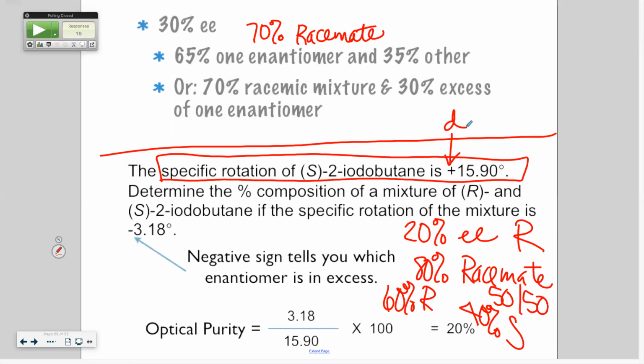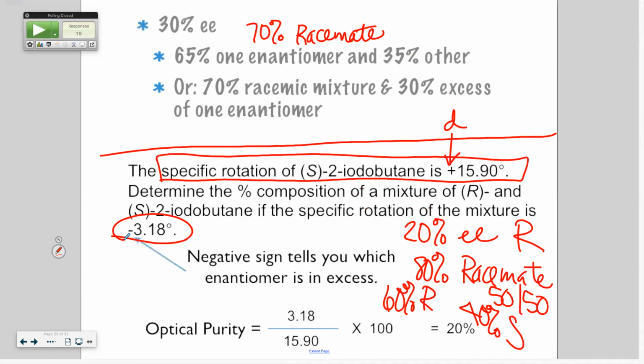You did an experiment with 2-iodobutane. You're trying to figure out if you made one isomer over the other. If you made them both the same, 50-50, what would our rotation have been? It would have been 0, okay? But we got negative 3.18.